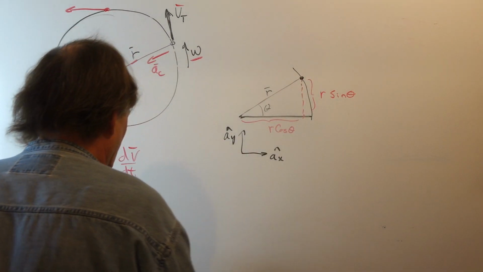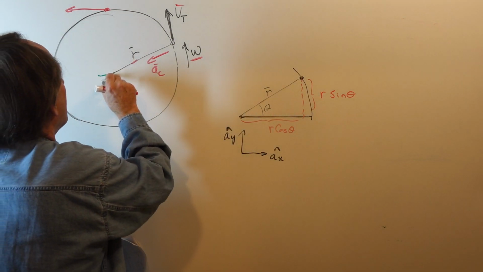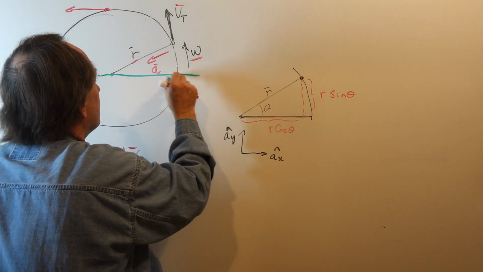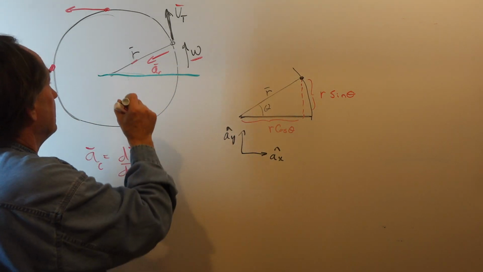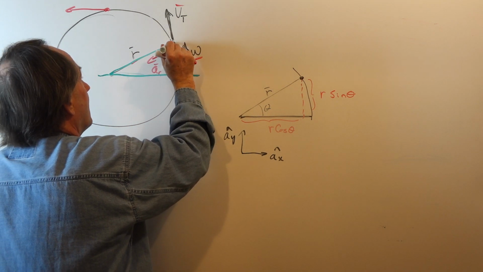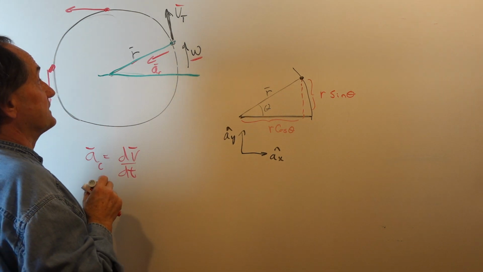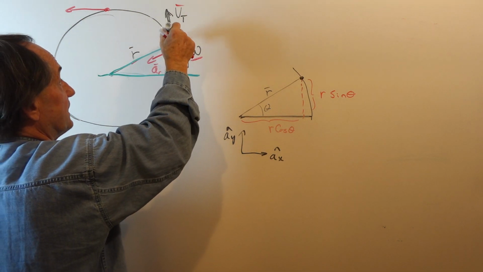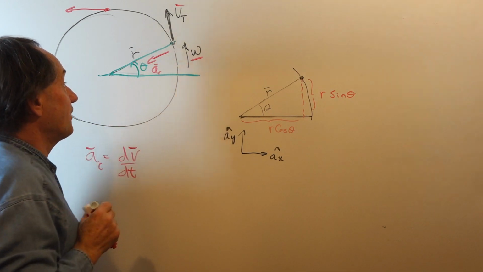Now, suppose I use the horizontal line as a datum, as a reference point. If I draw a line from the center of the circle to the object at some point on the circle, at some time it might be there, then this angular measure we call theta.